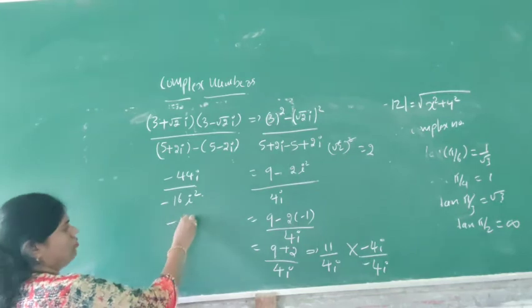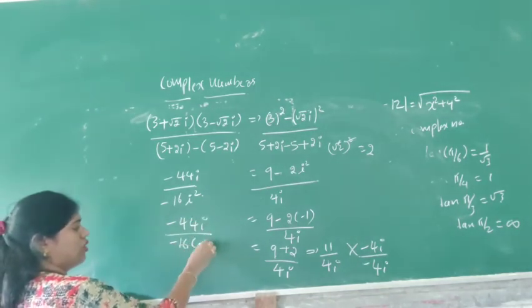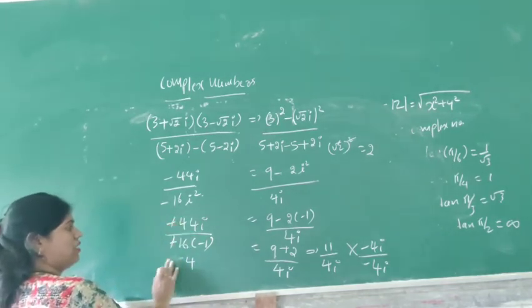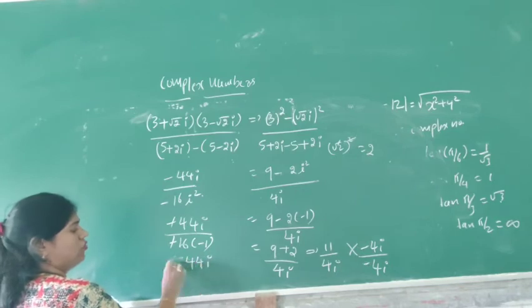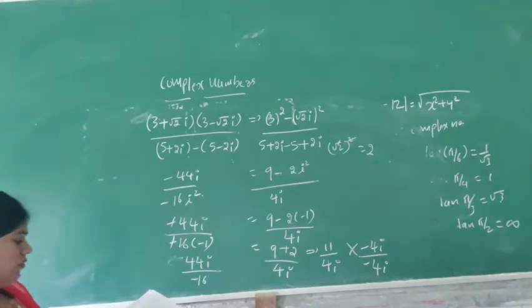Okay. Minus 44i, and minus 16i square, where i square value is minus 1. So we can cancel the minus. Minus 44i divided by minus 16.